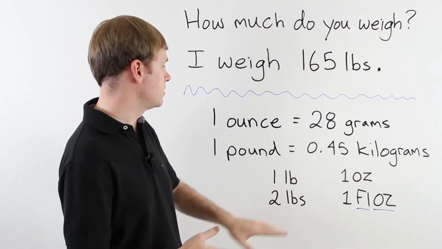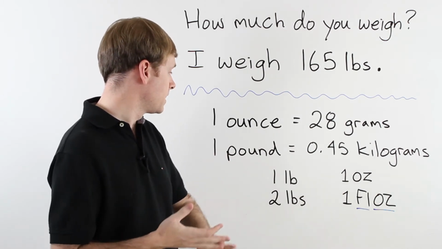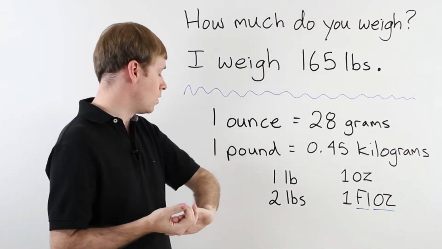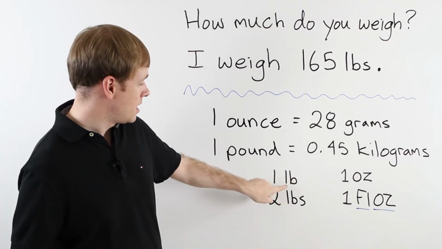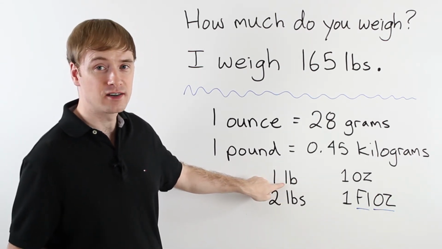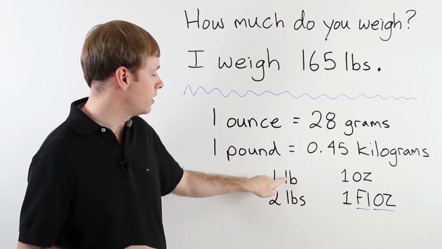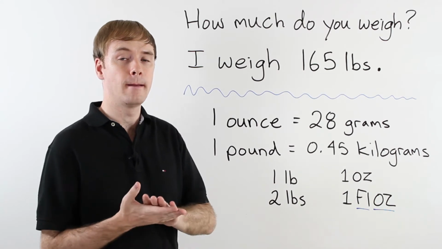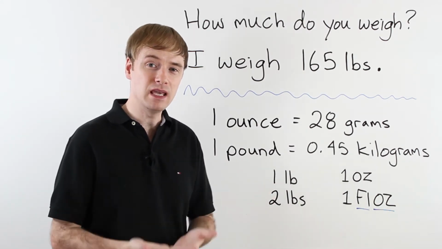So these are not exact numbers, it's just around. Now, how to write 1 pound? This is 1 pound. This is not a 1, this is actually an L, LB, 1 LB. That means 1 pound.